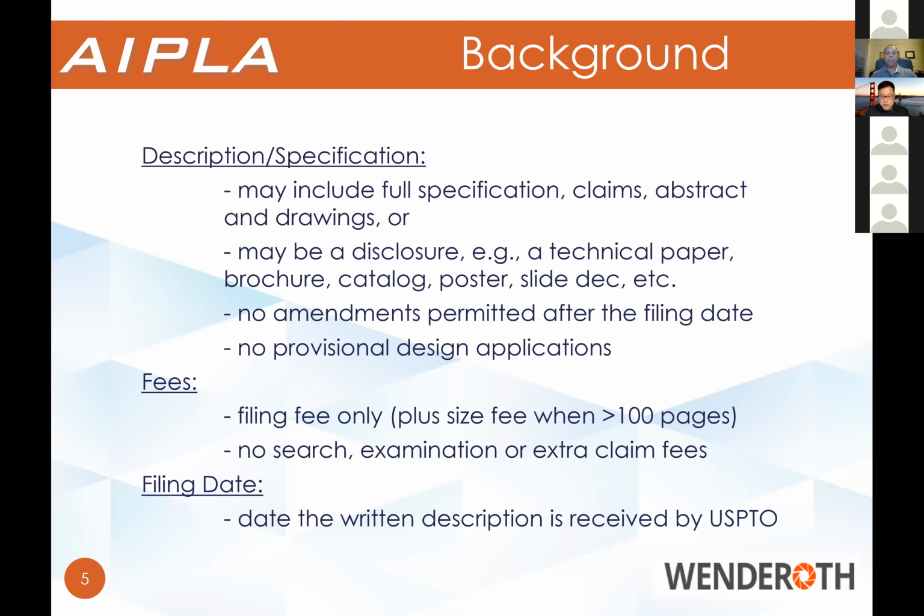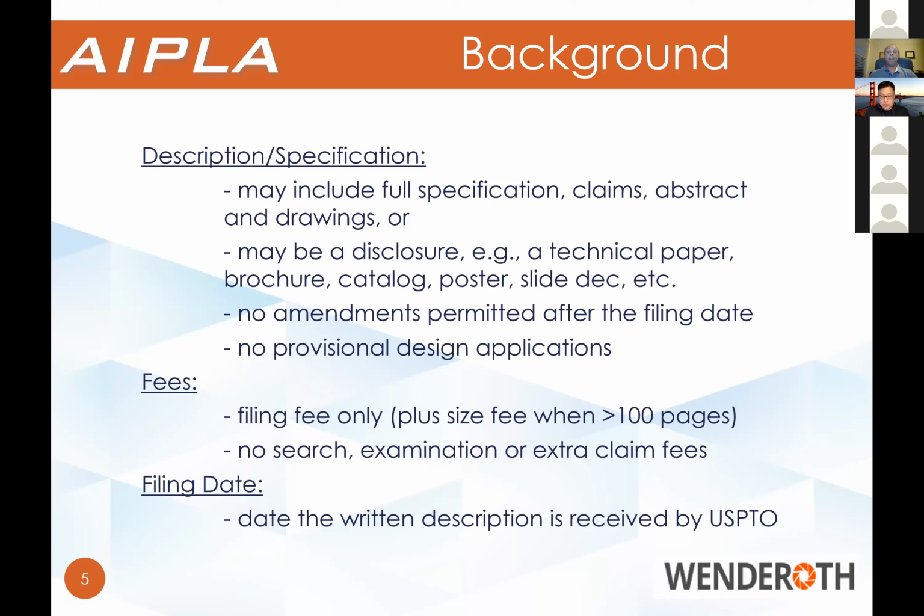Now, in terms of amendments, once the provisional is filed, you cannot make any amendments to the application. There are also no provisional design applications. So the provisional is for utility applications only. In terms of fees, you only pay the filing fee.